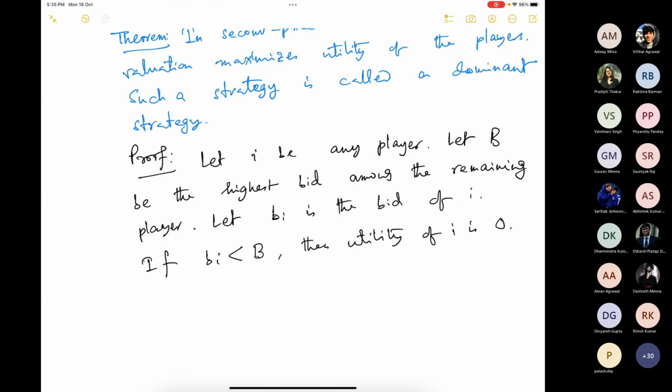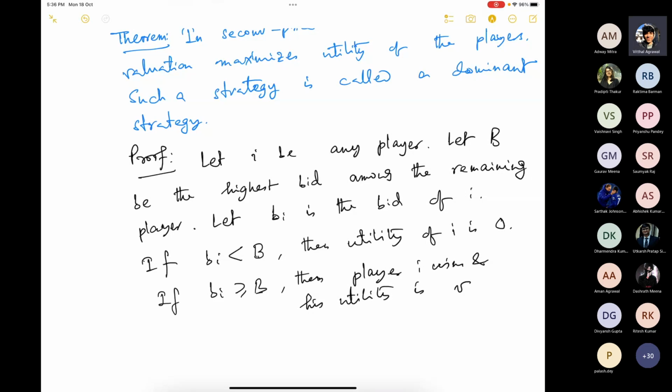On the other hand, if Bi is greater than or equal to B, assume that the tie is broken in favor of i, say, then player i wins, and his utility is valuation minus how much is the payment?